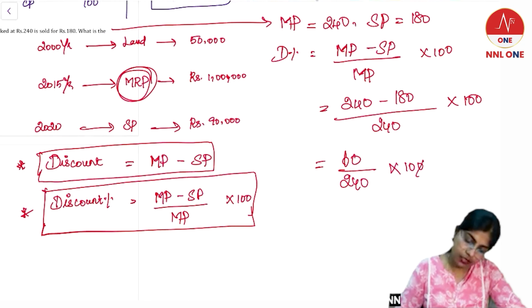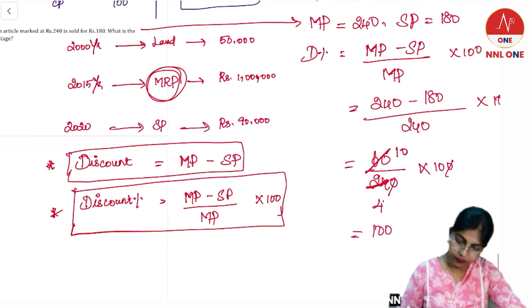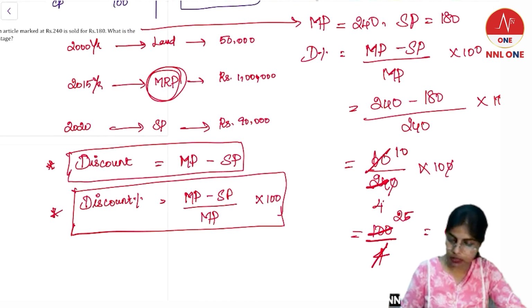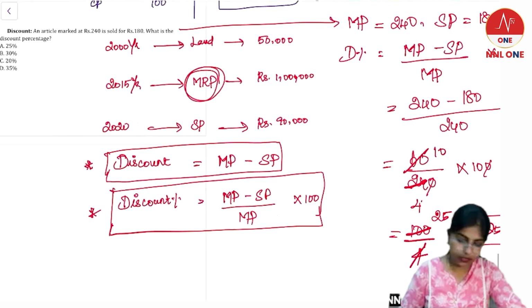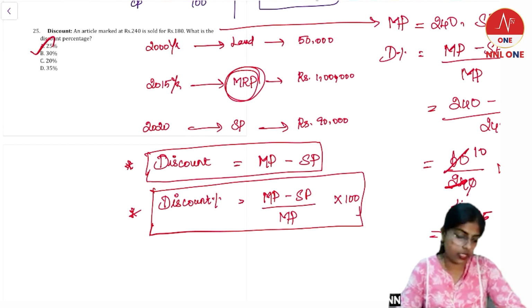We can cancel 0, 0 here. 6 into 10, 60. 6 into 4, 10 into 10, it is 100, divided by 4. 4 into 2, remainder 2, 4 5s are 20. So the discount percentage of the article is 25%. So the answer for question 25 is 25%.